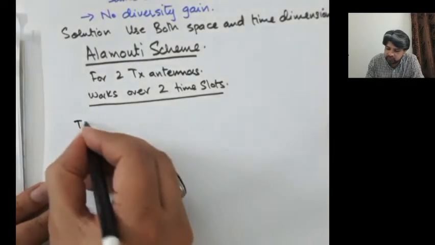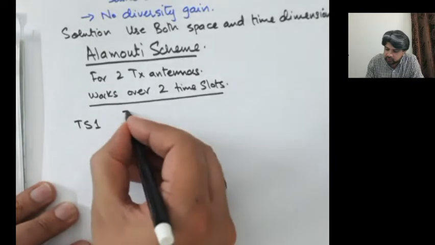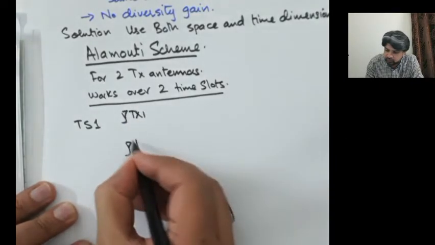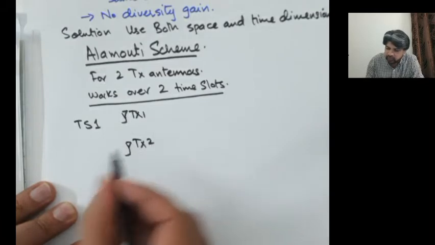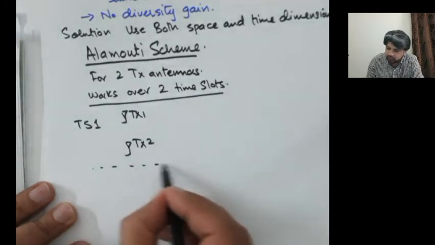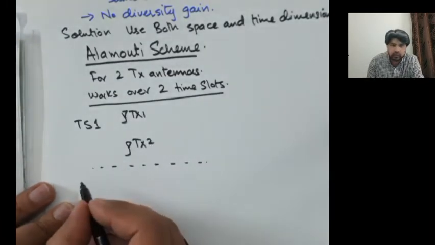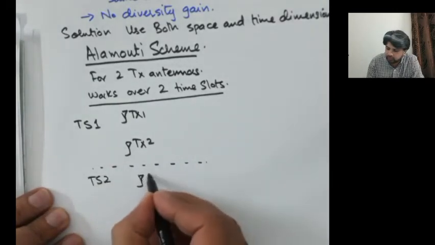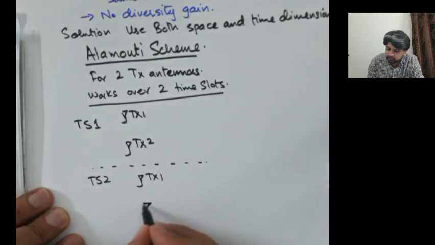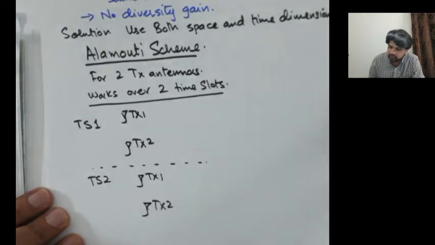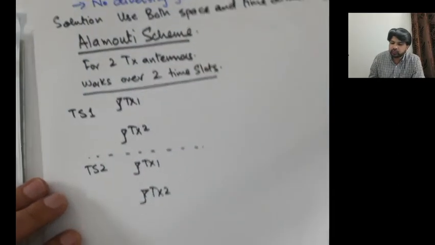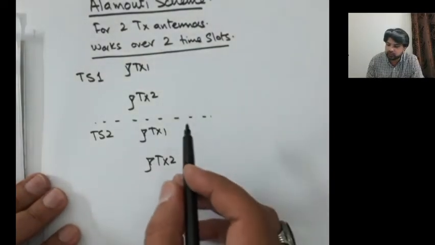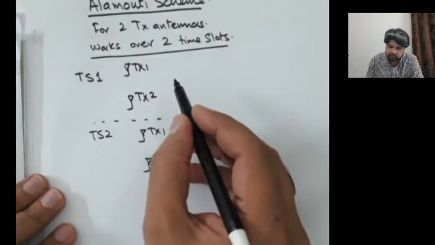So, for example, you have this time slot 1 and you have TX1, TX2. So you have two transmitting antennas and two time slots. This is your time slot 1, and then you have time slot 2, and again you have TX1 and TX2. What Alamouti proposed was that you can achieve some diversity gain by following this method.